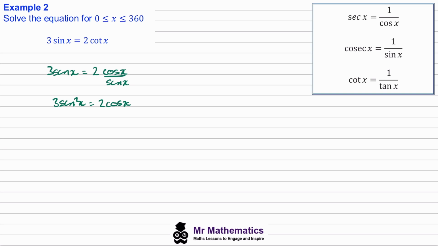And then we can write this sine squared x in terms of cos squared using the Pythagorean identity. So we'll have 3 lots of 1 minus cos squared x will equal our right-hand side. We'll expand out this bracket.